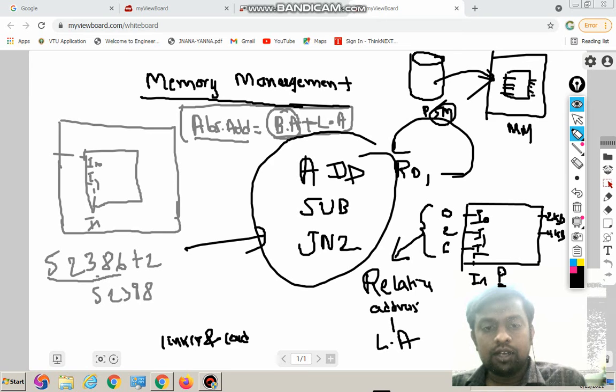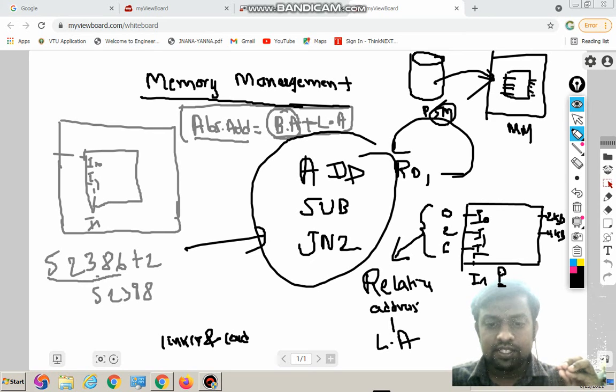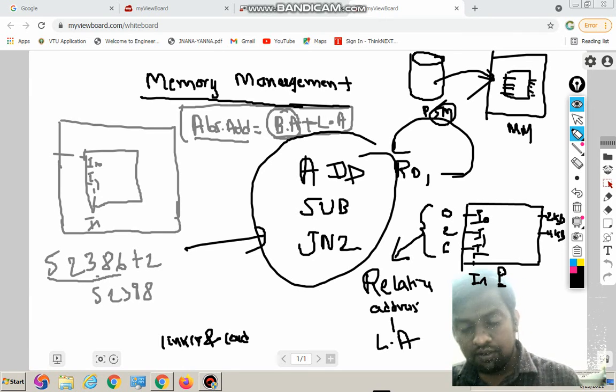I hope you are clear with these terminologies. Once again I will explain. It is very simple. When a process is there, there will be instructions. As I said, in assembly language we have instructions, right? Instructions are allotted some memory, like here you can see 2 KB, 4 KB, and each instruction is associated with a relative address, which is also called a logical address.